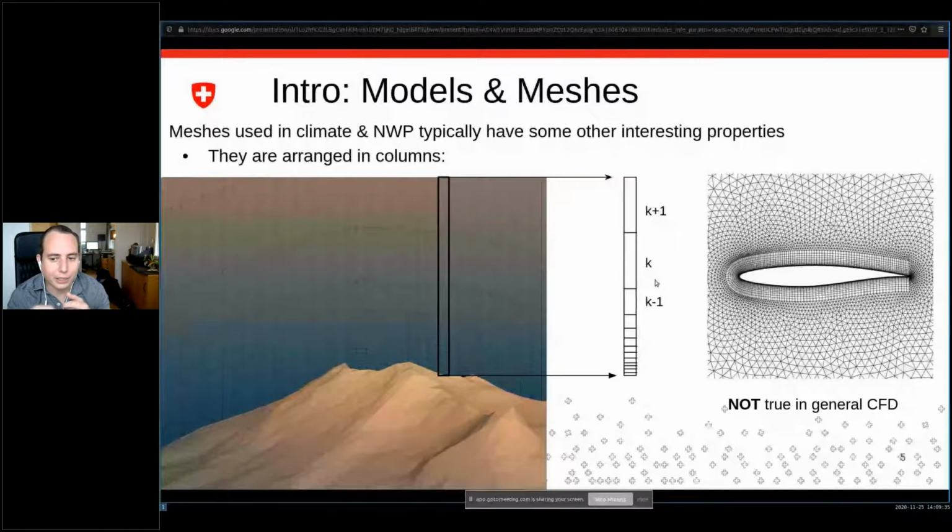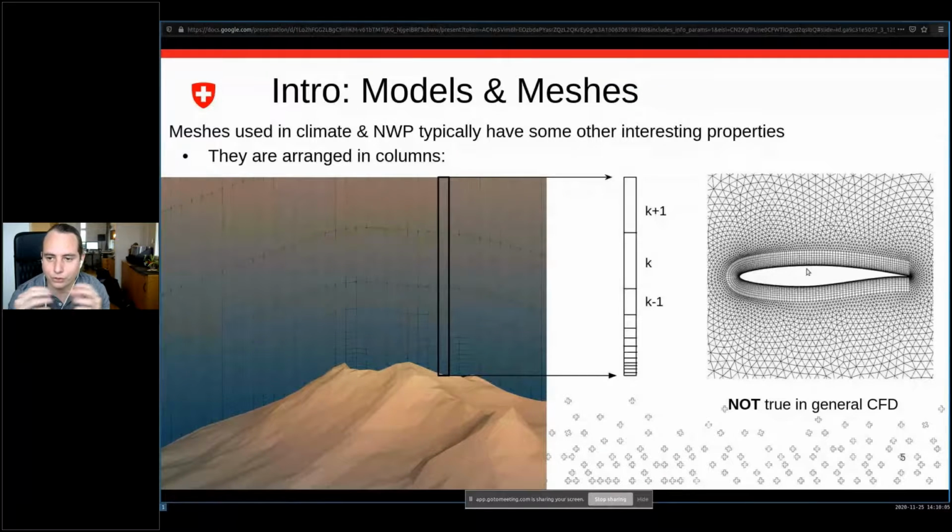However, this column-like property is not at all a general property in CFD. In CFD, you would usually have meshes which are way more freely arranged. For example, on the right-hand side, we have a mesh as we could encounter it when we try to simulate the airflow past an airfoil. You can see that this particular mesh has the same property right around the airfoil, at least at the top and at the bottom.